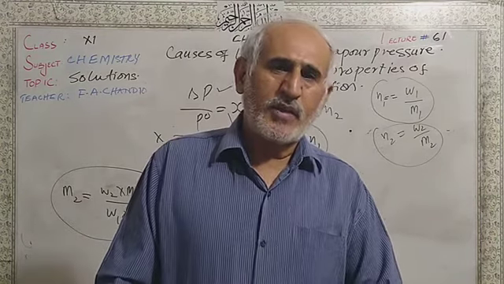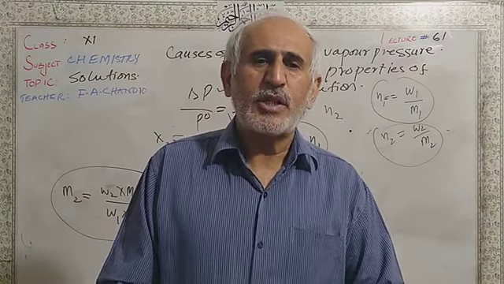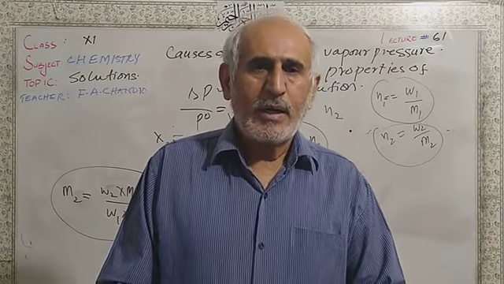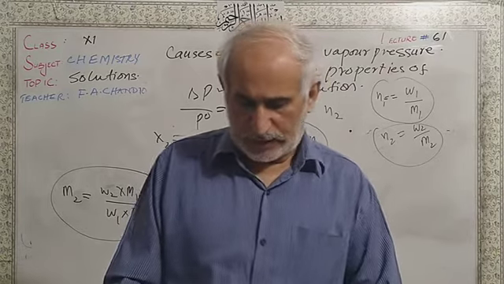Then I told you that when the vapor pressure of the solution decreases, the boiling point of the solution increases, elevation of boiling point, and depression of the freezing point takes place.